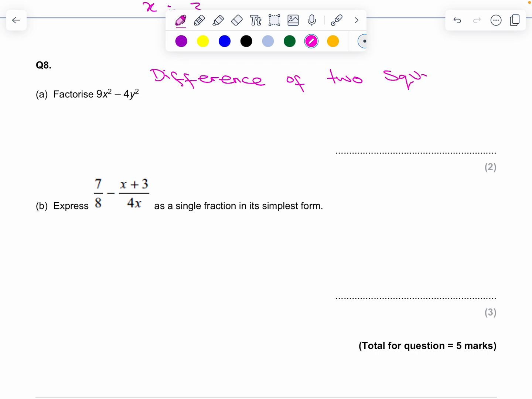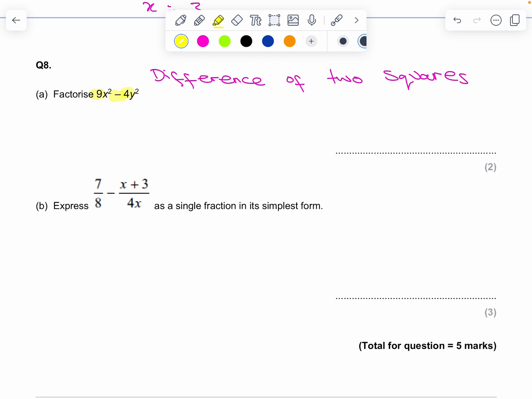So if you're going to revise this again, it's a difference of 2 squares. And so remember, we said we can do this where we've got a subtraction. So we need 2 things. We need a subtraction going on, and we need some square numbers, and 9 and 4 are both square numbers.